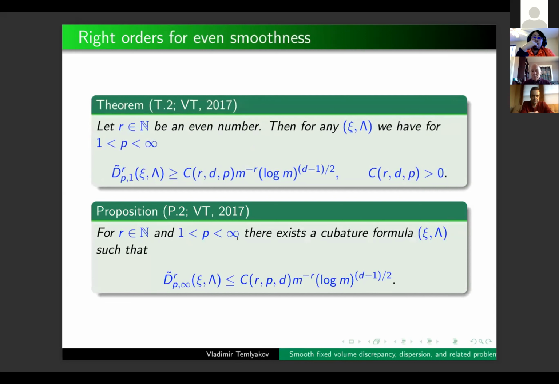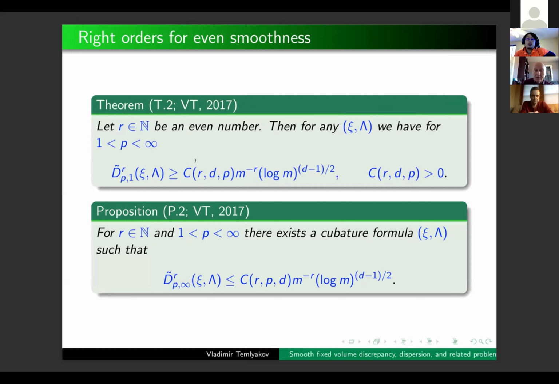Let me just put these two again, a theorem and a proposition. The theorem gives the lower bound, and that was new this year, but this one is just a corollary from the results for curvature formula. So let's look at these two results and compare. As you can see, the lower bound is again the same as it was before.